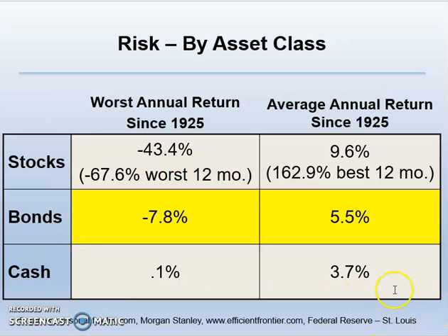This is a kind of fun way for an investor to look at it. Since 1925, the average annual return has been 9.6% for all stocks. The worst year, I think this is the early 30s, negative 43%. People were jumping off of buildings. And then in one 12-month period, it went down 67%.